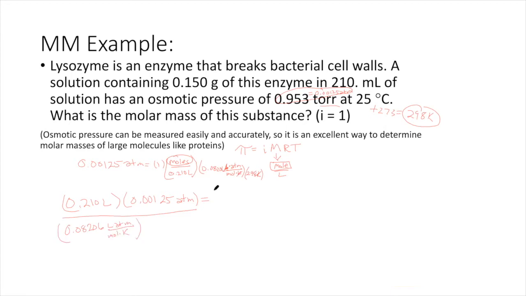Okay, and then I also divide both sides by the 298 Kelvin. Okay, so now units of Kelvin cancel, units of atmospheres cancel, units of liters cancel, and I have units of 1 over moles, which when I actually calculate the answer will give me some answer in units of moles. Okay, and so then once I get that, what I'm going to do is I'm going to divide 0.150 grams of this by that number of moles. Okay, which will give me some other answer in units of grams per mole, which is the same thing as the molar mass, and that's what I'm looking for.